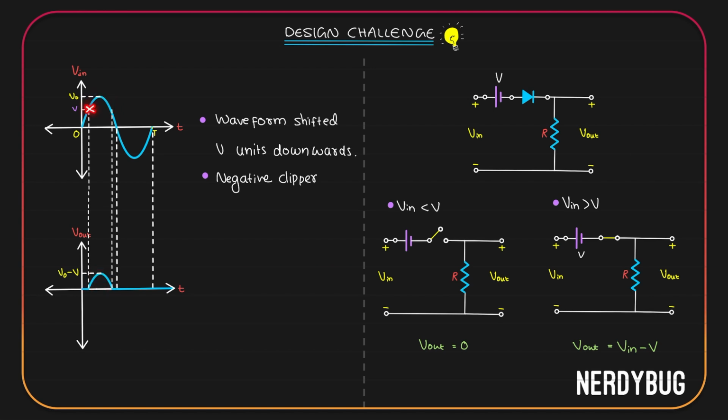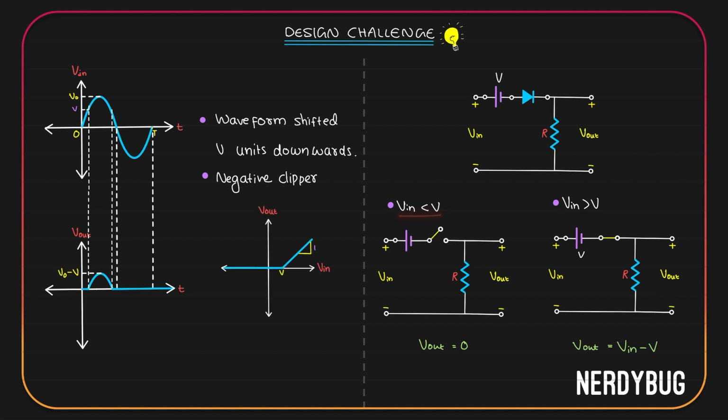When V input is V, we get the output as V minus V, that is 0. When V input is V naught, we get the output as V naught minus V. So basically between these 2 points, our output is V input minus V, which is exactly what we have written over here. Let's plot the input output characteristics.